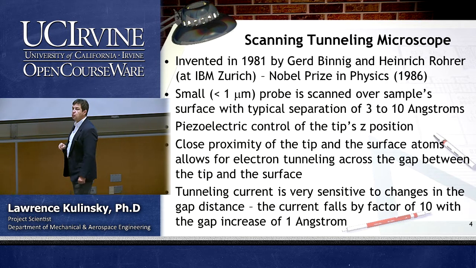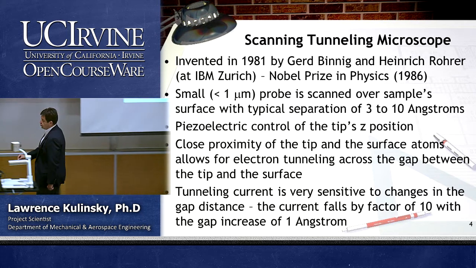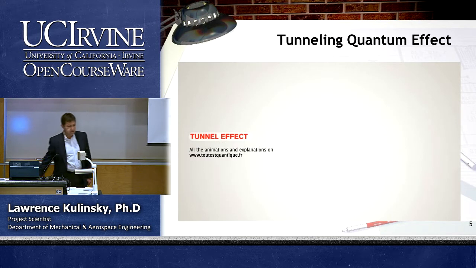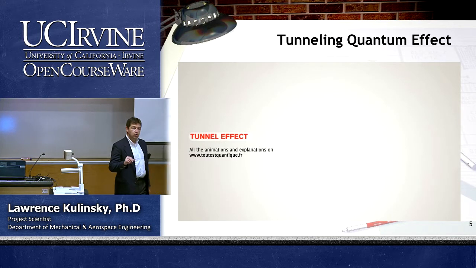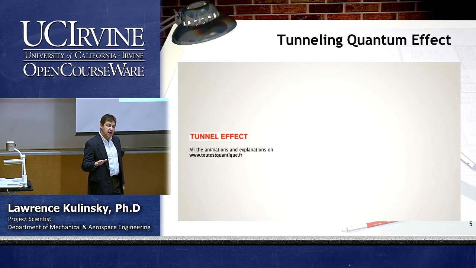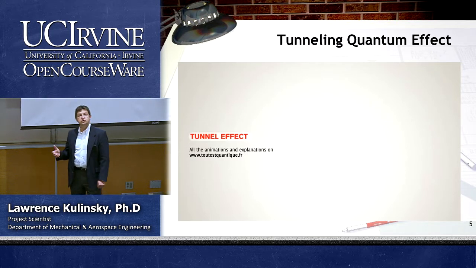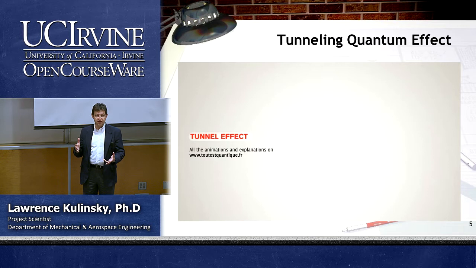So there are 2 ways of controlling the probe. One is called constant current, another is called constant height. So we will use the tunneling effect to control our probe.